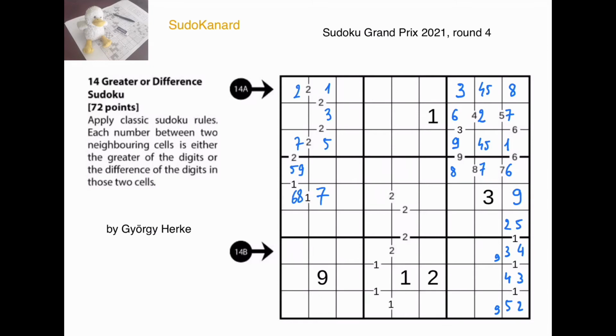Oh, I didn't mention it, but those clues spell 2021. This is very nice. There's a real sense of the graphical theme with György Herke. This has to be done as well.